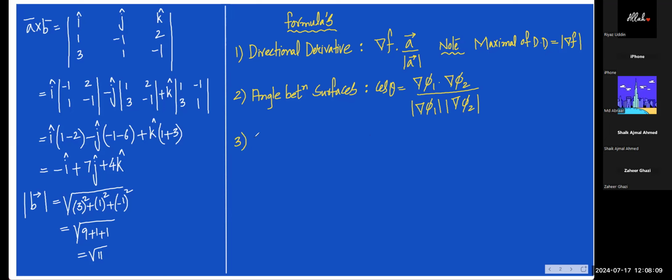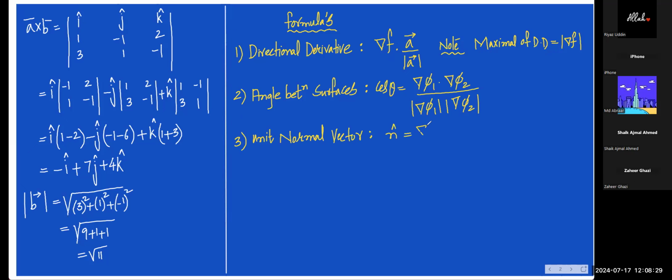Next, unit normal vector. This is also a 2-marks question that keeps repeating. It is denoted with n cap.